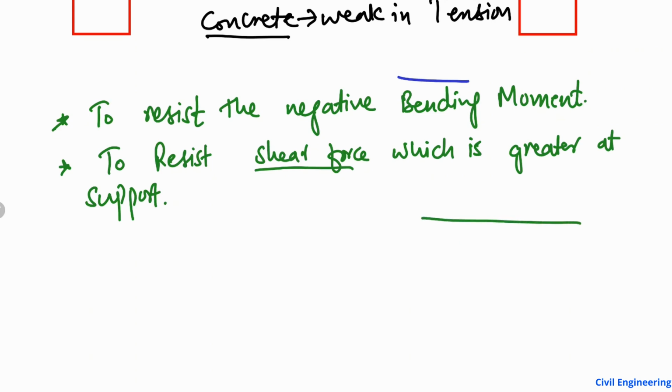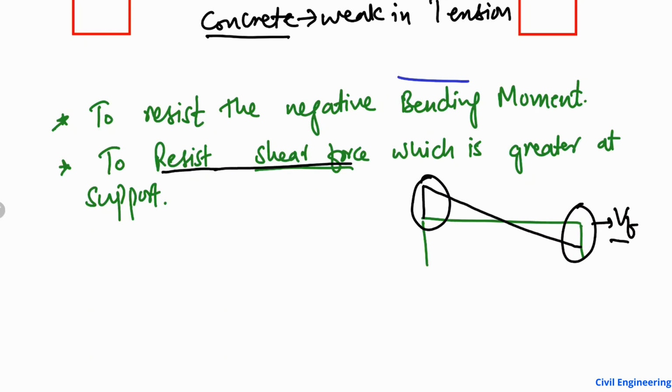If I draw a beam and these are the two columns, and if I draw the shear force diagram, it is maximum here and then goes like this. So we have maximum shear force here and maximum shear force here. To resist this, we have to provide some reinforcement, and the crank bar helps to resist the shear force, which is greater at the support reaction. So it is also useful in increasing the shear capacity of the beam.